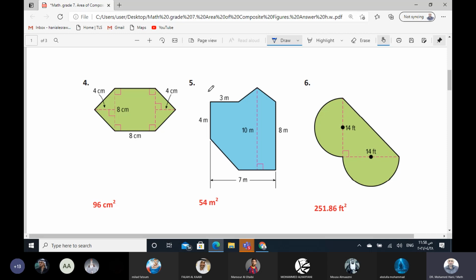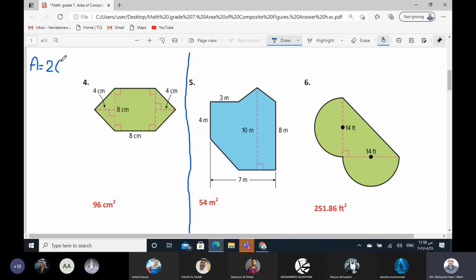Exercise number 4. As you see here, we have a triangle, and here we have the congruent triangle, and between them we have a square. So for the area of the composite, we have two congruent triangles, which means we can multiply by 2 times the area of one triangle.